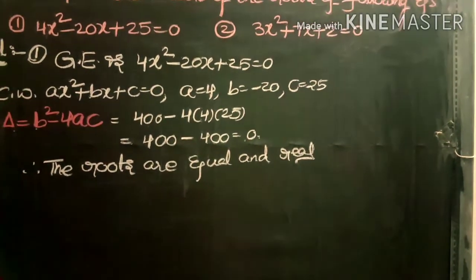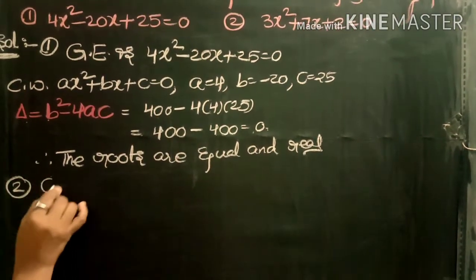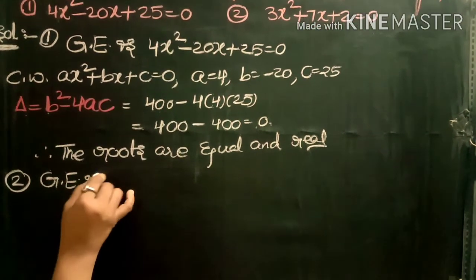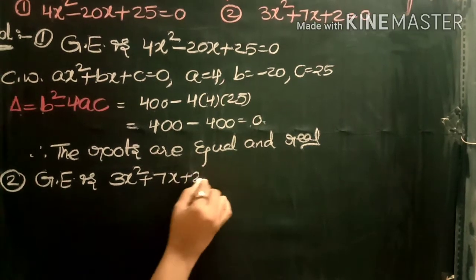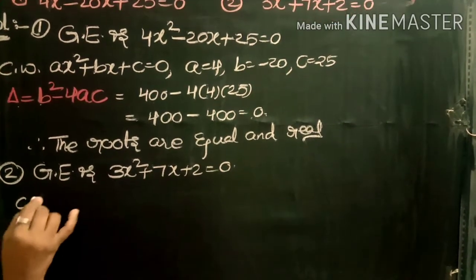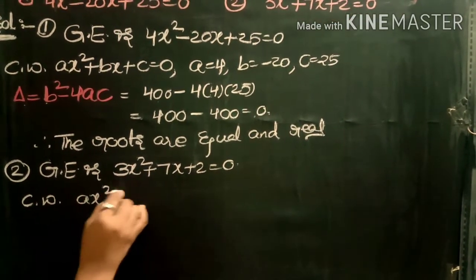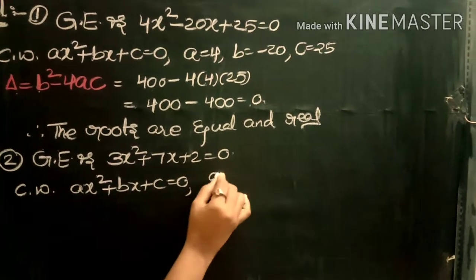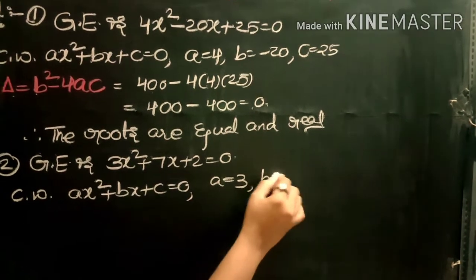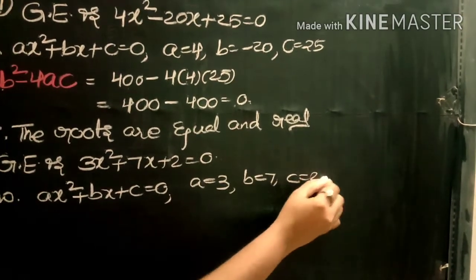Now coming to the second solution. Second sum, given equation is 3x square plus 7x plus 2 is equals to 0. Again we compare this equation with ax square plus bx plus c equals to 0. Then a is equal to 3, b is equal to 7 and c is equals to 2.